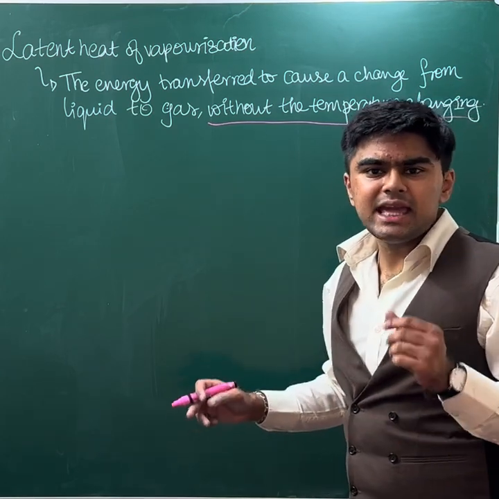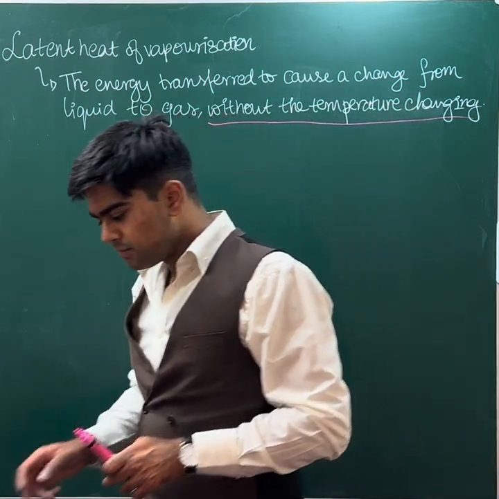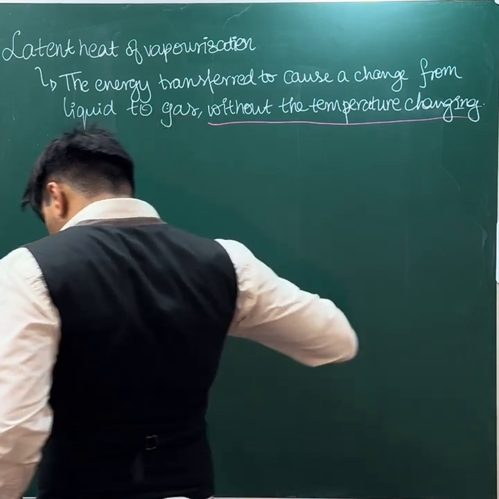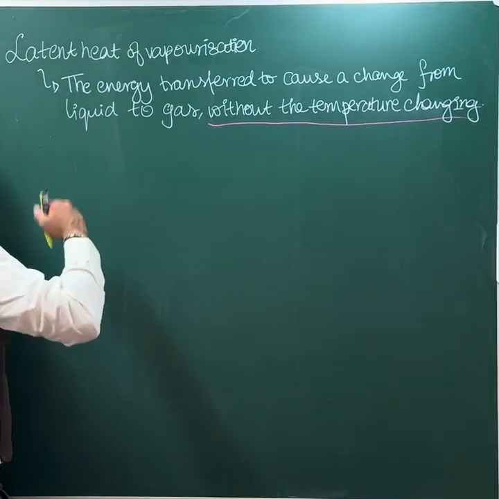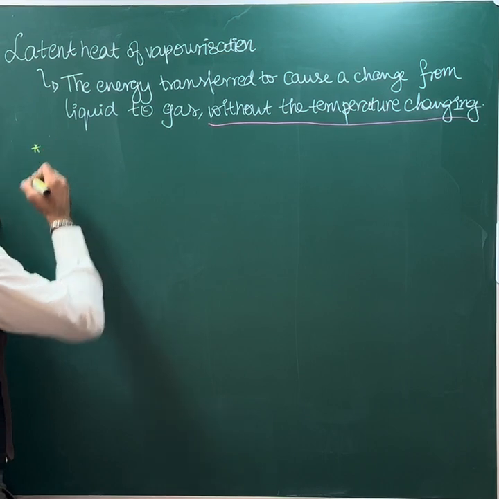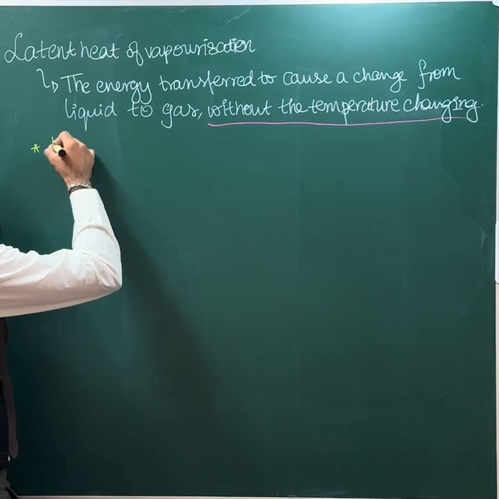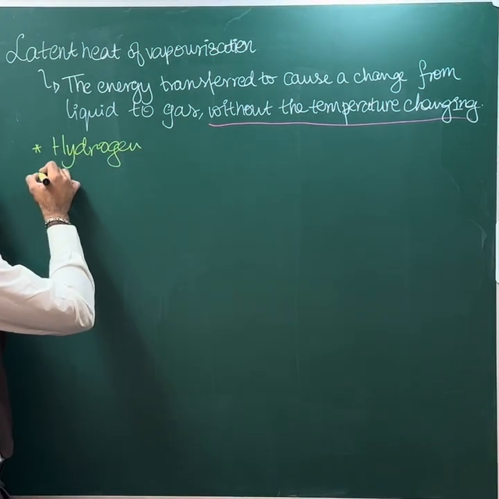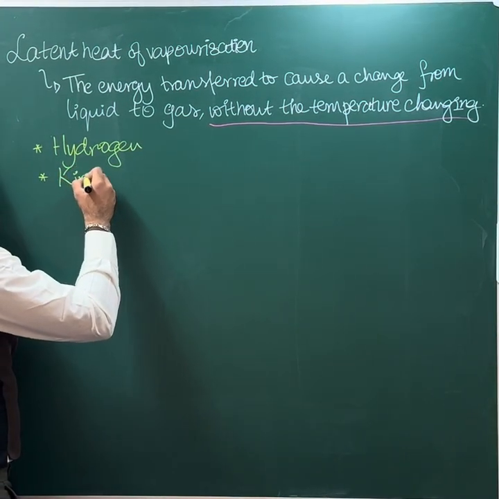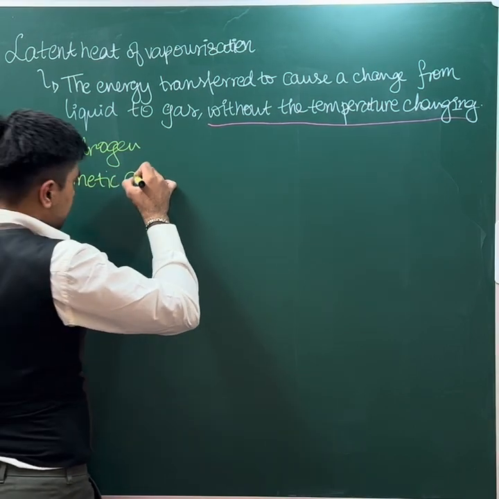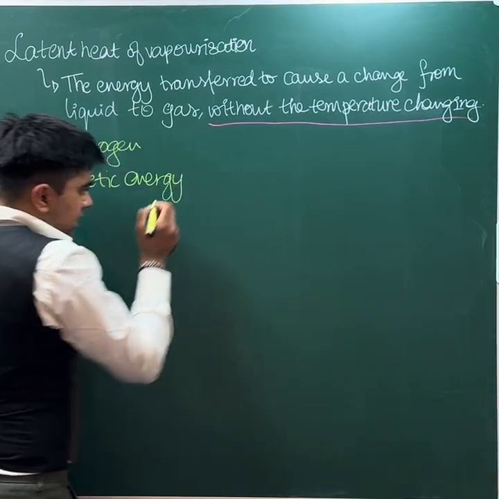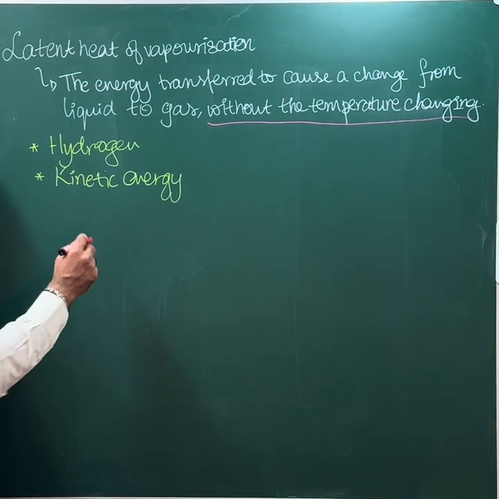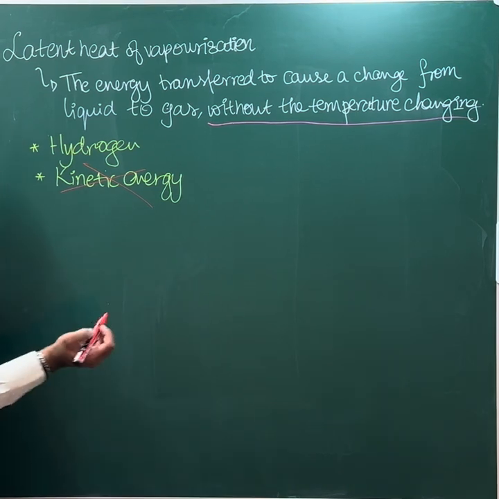So where is the energy going that we're providing? Well, if you look back to the lecture, there are two places the energy can go. One place is the hydrogen bonds, to break these hydrogen bonds, and the other place is in the kinetic energy form. Now, if the thermal energy, the heat we provide, cannot go to kinetic energy, where can it go?